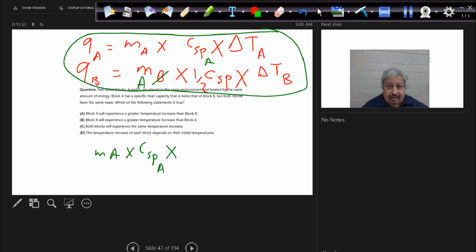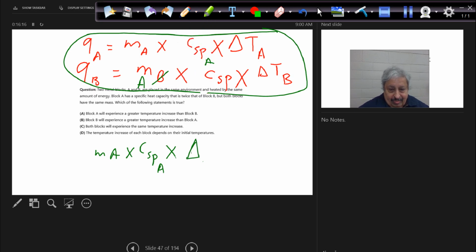Is it half or twice, correct? Twice A. Specific heat of this one, correct? Whoops. We did not do this one here. Not correct.